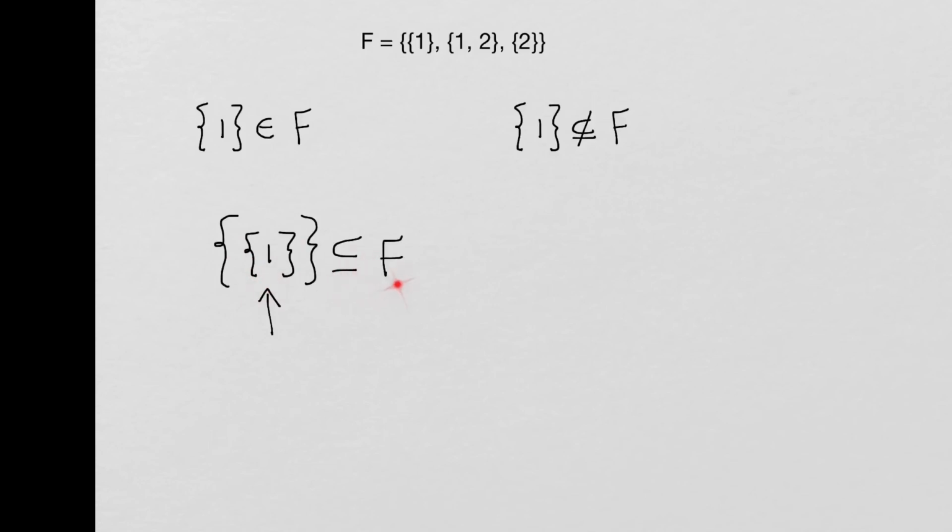So this is an accurate statement. Another thing that I could say is that the set containing the number 1 and the set containing the number 2 is a subset of set F, because now I have 2 elements out of the 3 elements in set F. So that pretty much covers subset and element symbols.